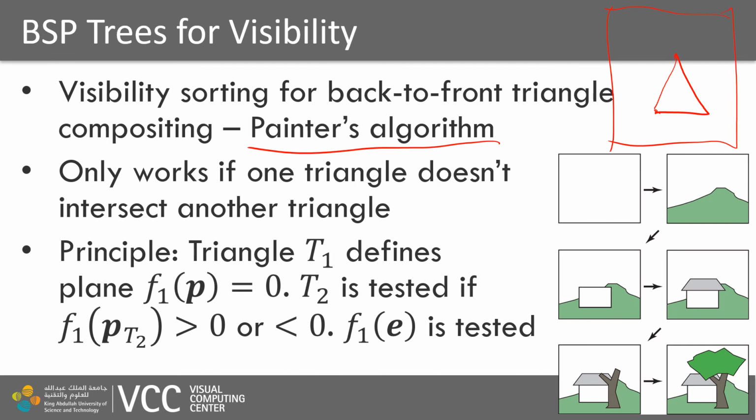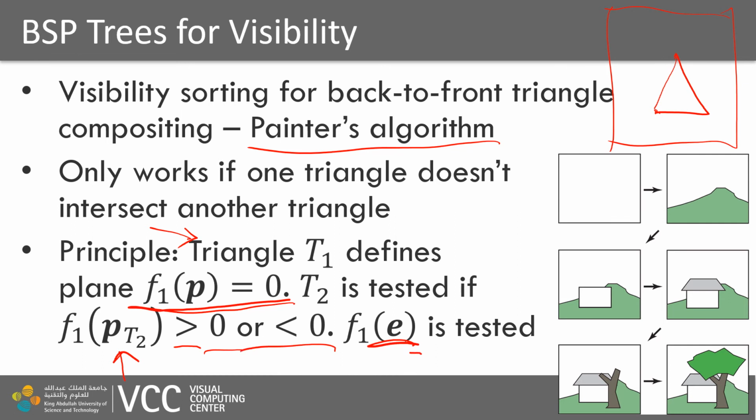And the same we can do also with the viewpoint, with the eye point. So the principle is that our triangle will define a plane, an implicit equation of the plane, and this implicit equation of the plane can simply be tested whether things are in front or behind it by putting the coordinates of our triangles, so A, B, or C vertices of these triangles, and evaluate whether it is bigger than 0 or smaller than 0.